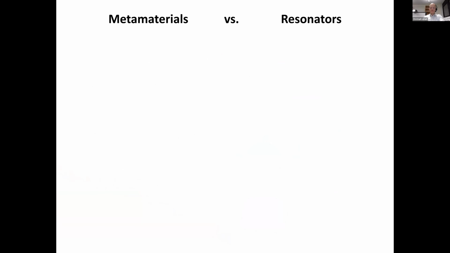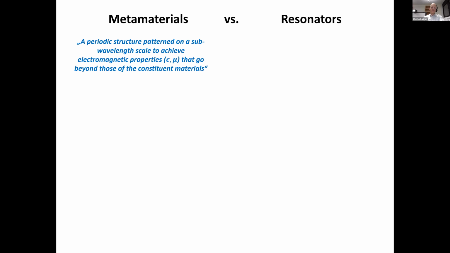Now, we've heard in the introduction, and this is also what this technical group is about, that this is about metamaterials. But I'd like to start with a basic distinction, namely metamaterials as typically an array of resonators versus individual resonators and how their functionality in each case is used.